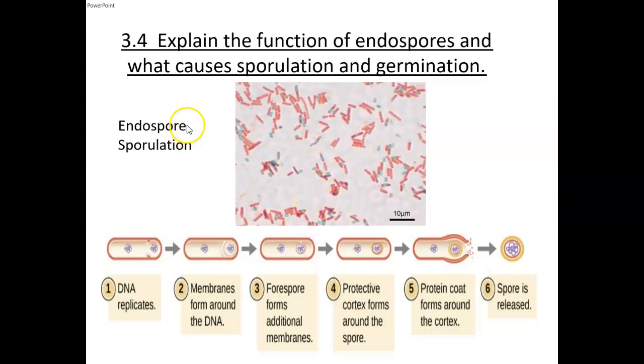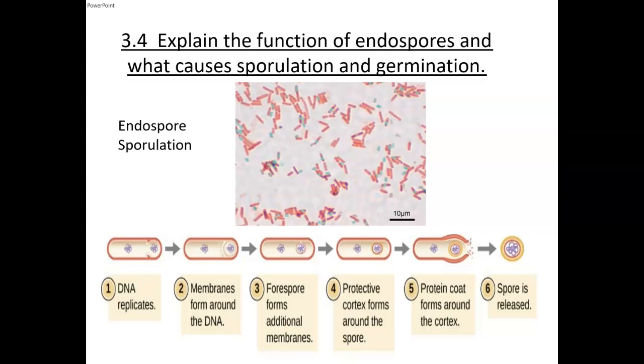First of all, I want to tell you that most bacteria do not make endospores. Endospores are special, and only a couple kinds of bacteria make them. An endospore is a structure made by some bacteria that allows them to survive in extreme environmental conditions. It's like having a bomb shelter.